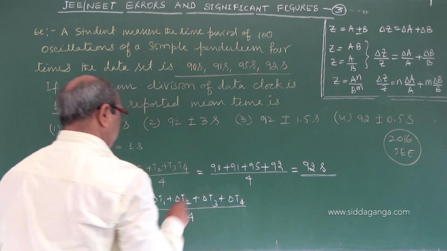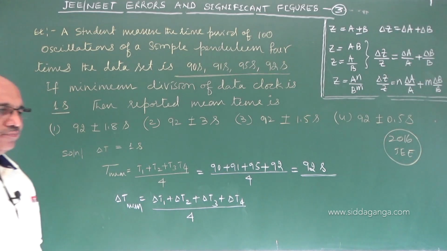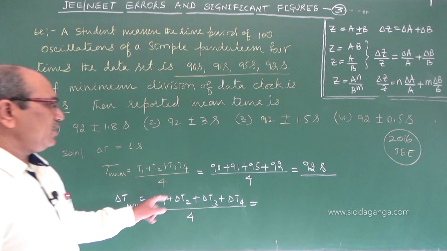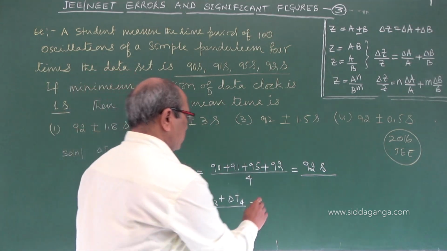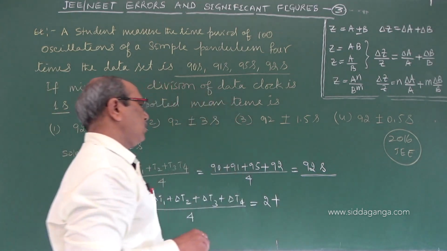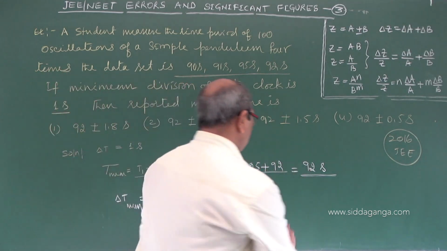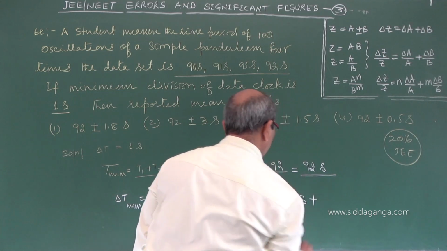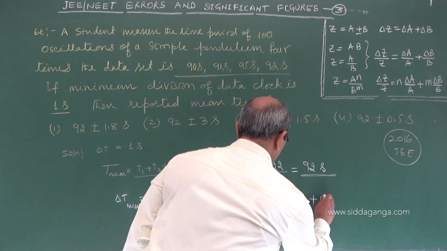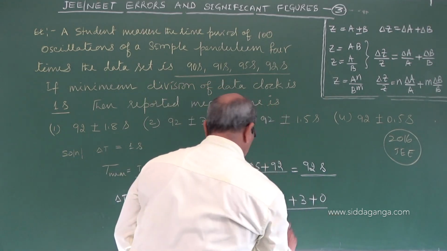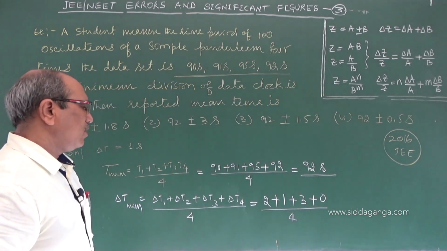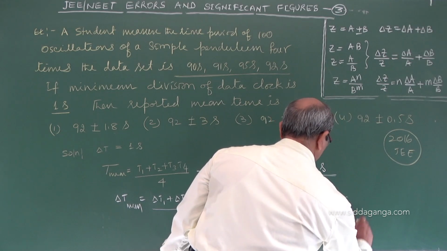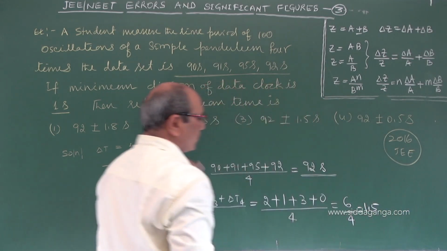divided by 4, which gives you delta T mean, the mean absolute error. Delta T1 is 92 minus 90 is 2, plus 91 minus 92 is 1, 95 minus 92 is 3, 92 minus 92 is 0, divided by 4. How much you got is 6 by 4, which is 1.5.